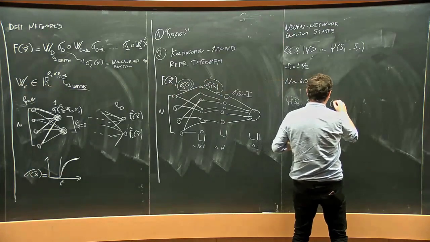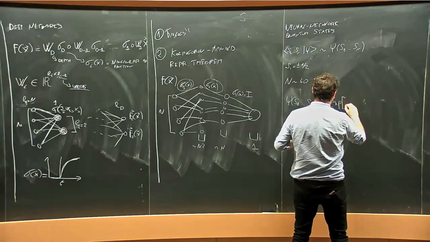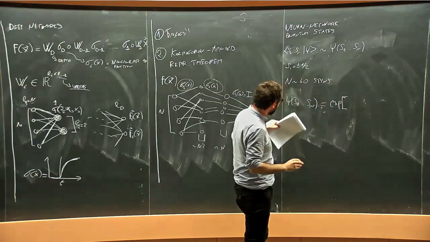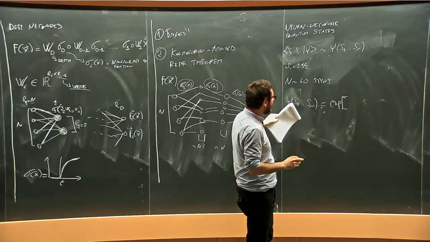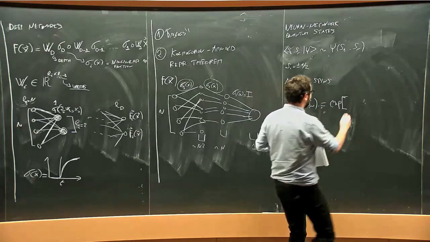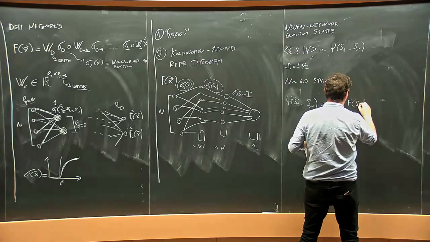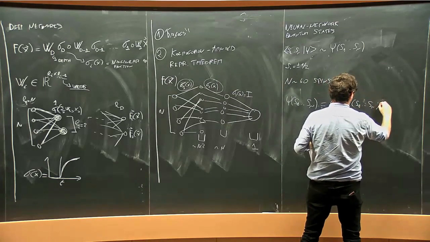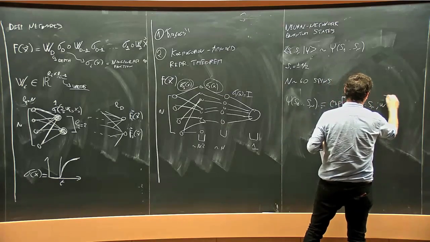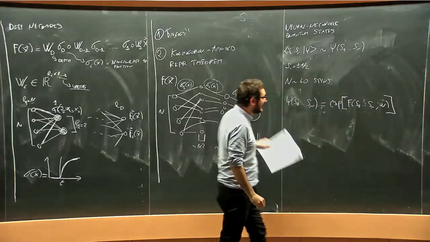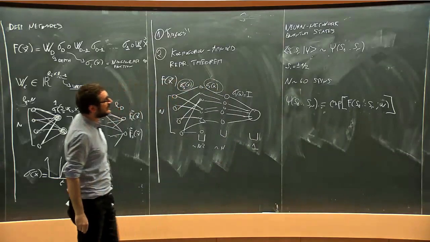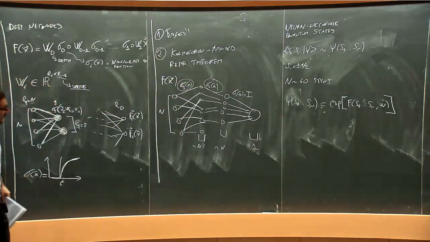We actually, for reasons that I cannot explain here easily, parameterize the log of the wave function rather than psi itself, but this is a technical detail, with a neural network f of s1 up to sn, which is parameterized by some weights and by some network structure that we have fixed a priori.